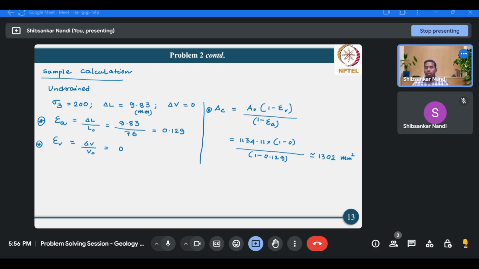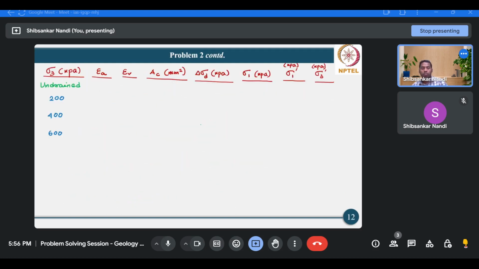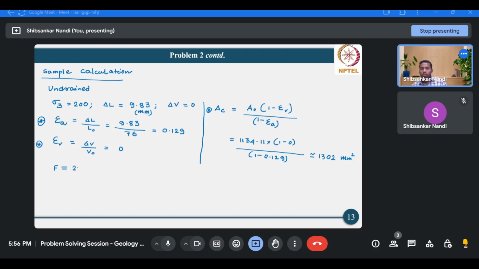Now we'll calculate the deviatoric stress. Your axial load is 222 Newton. So we get delta sigma d as F by Ac, which is 222 divided by 1302.